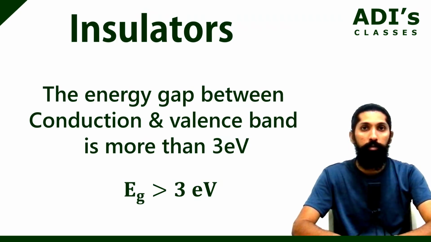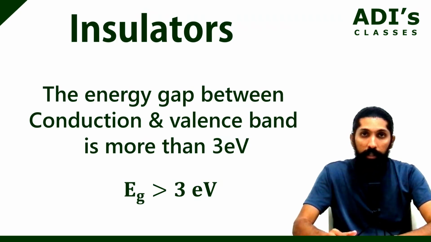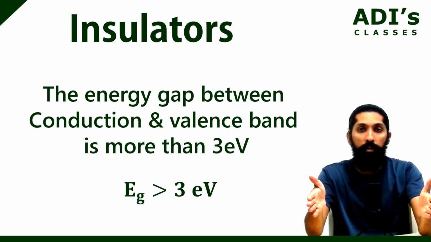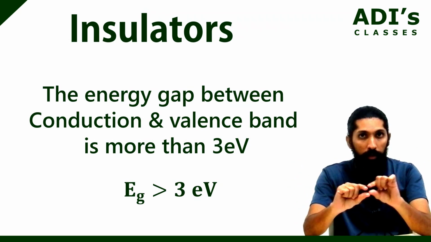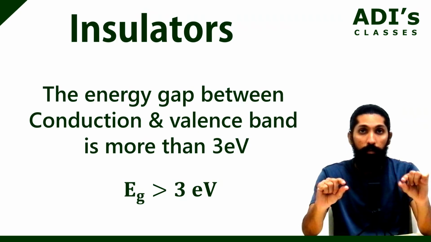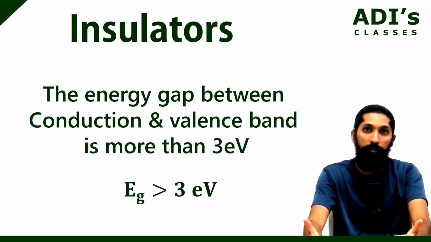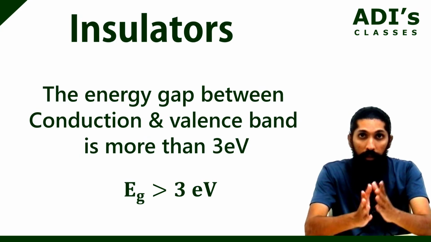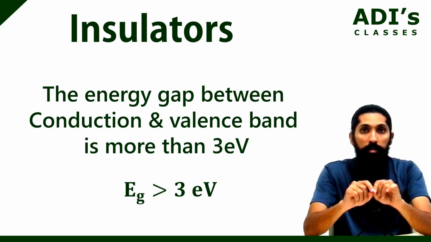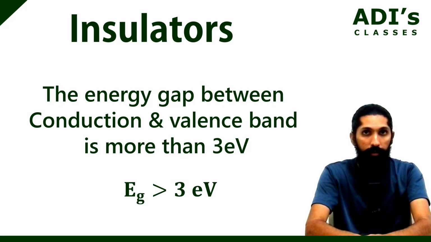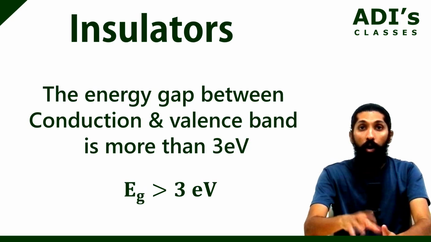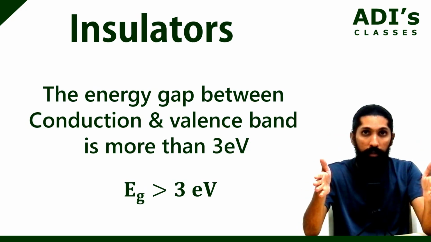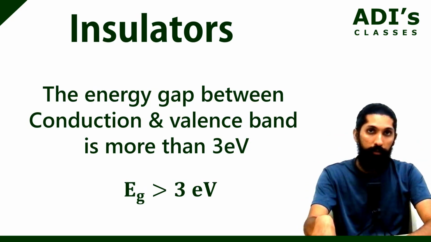Where will you supply so much energy? That's why the material behaves like an insulator. There is a huge gap between the valence band and the conduction band. In the valence band you have electrons, but in the conduction band there is literally nothing. That's why this energy gap causes the material to become an insulator.